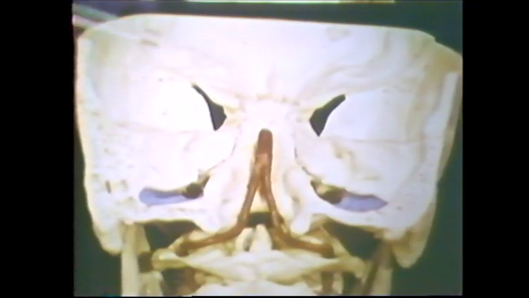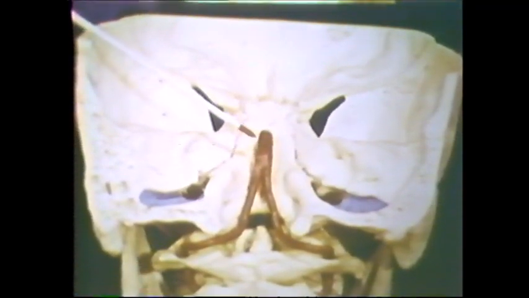The right and left vertebral arteries join over the basal part of the occipital bone to form the basilar artery. Note the circle of Willis formed by the anastomosis between the basilar and the internal carotid artery.